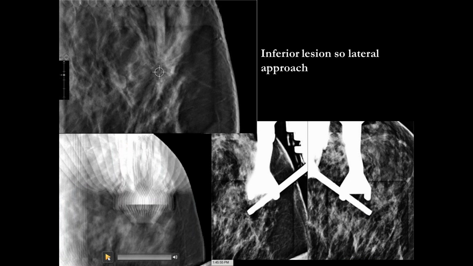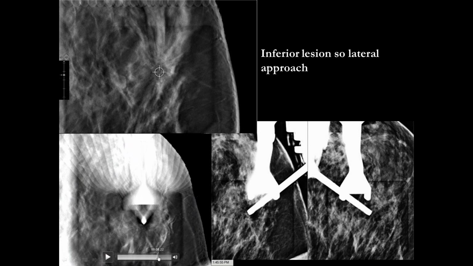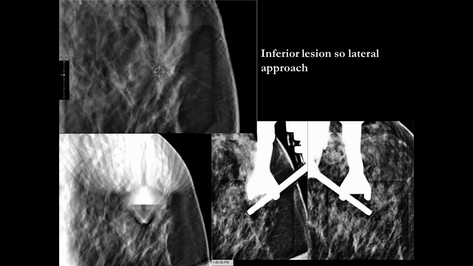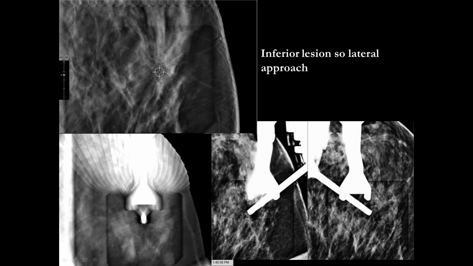And this is what it looks like if you do a tomosynthesis when you have the needle in place. So here's the tip, right there. That's the tip. But you can see, because of the artifact, I really can't see the lesion, even though it's a tomosynthesis. So typically, we don't do this. We do what you see on the right-hand side of your screen.